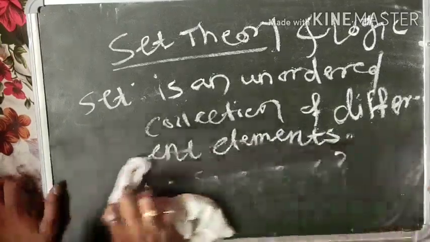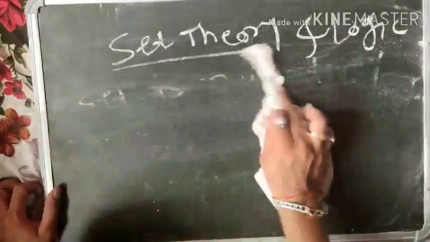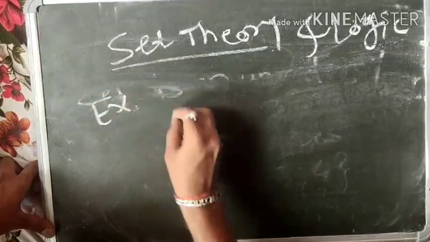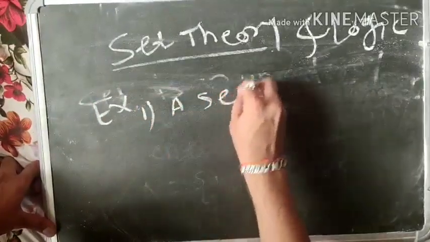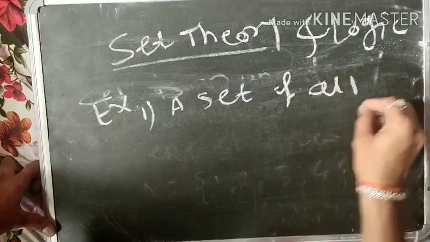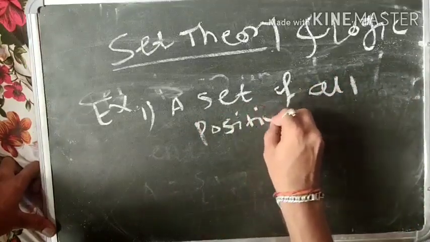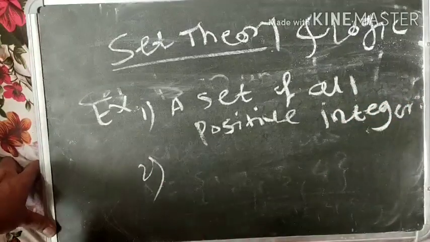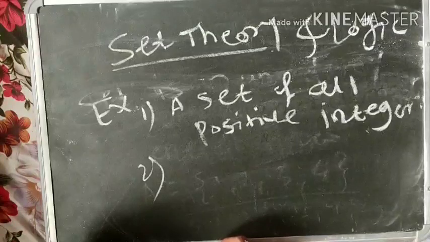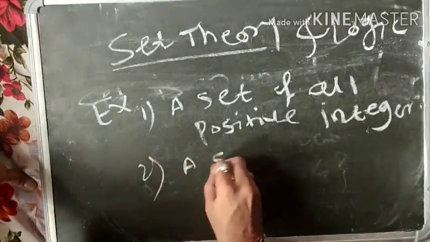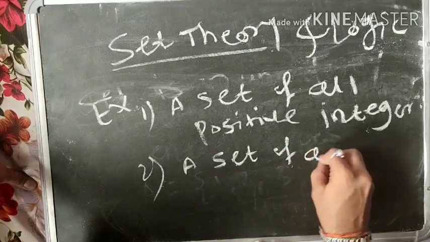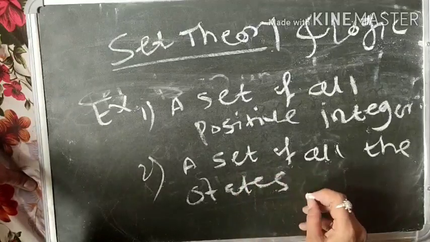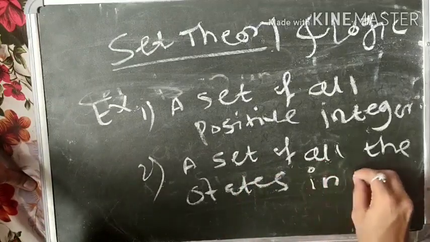For example, a set of all positive integers. Second example, a set of all states in India.